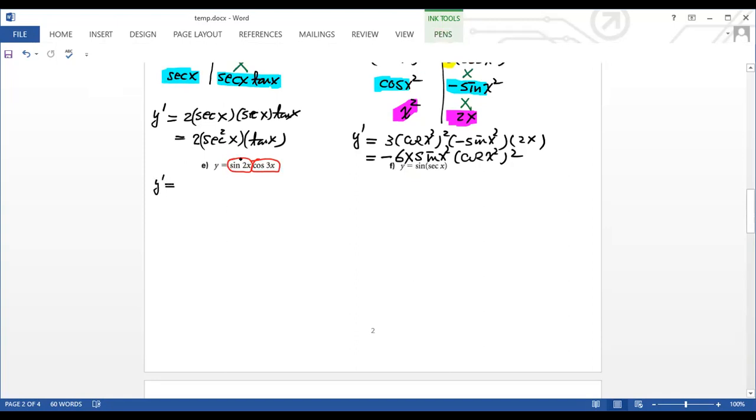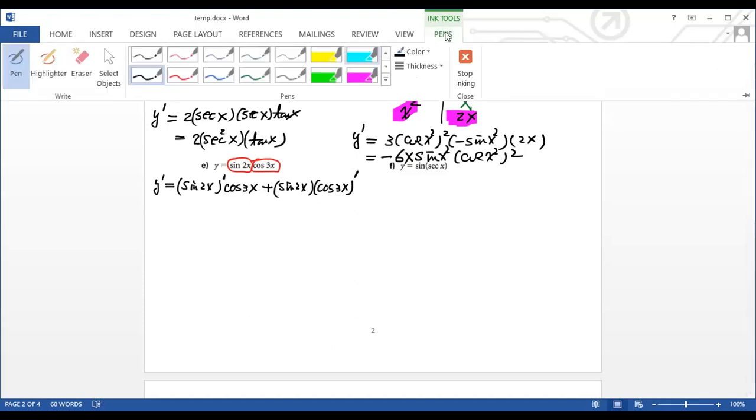All right, with the product rule, you take the derivative of the first one, sine 2x, times the second one held as it is. Then plus sine 2x, you're not changing, and then you take the derivative of the cosine 3x here, right?